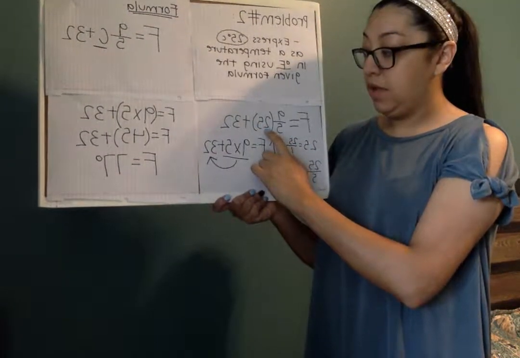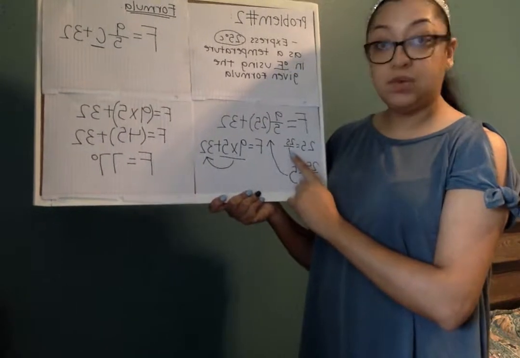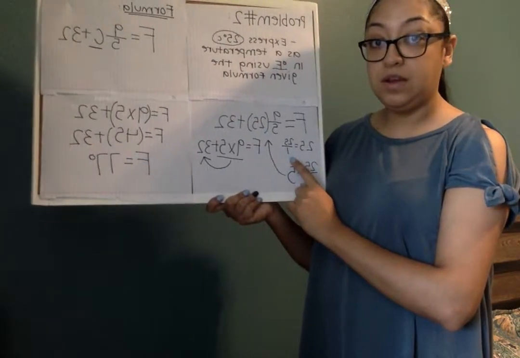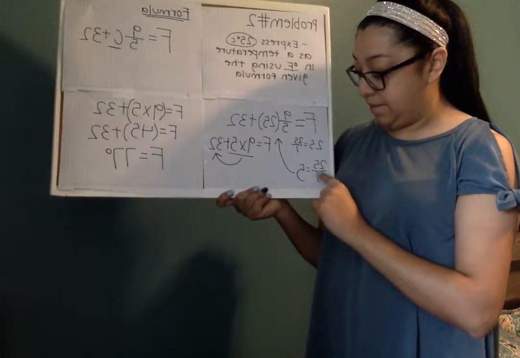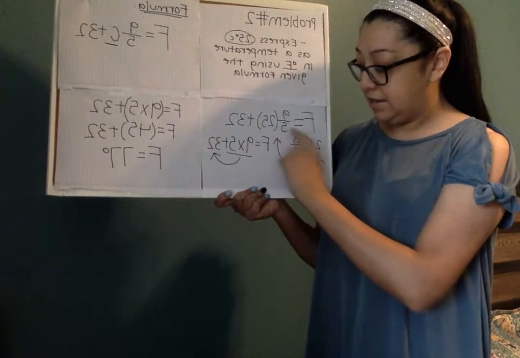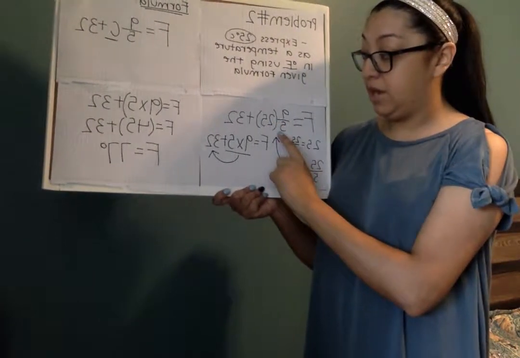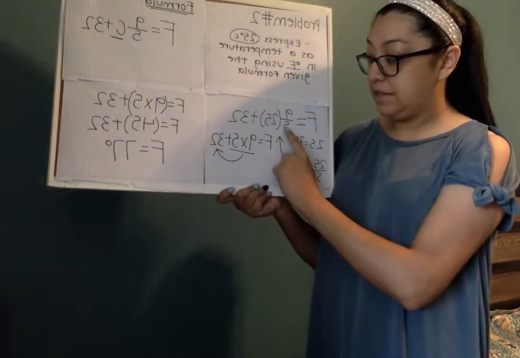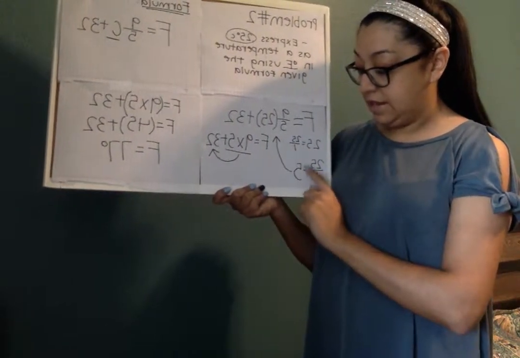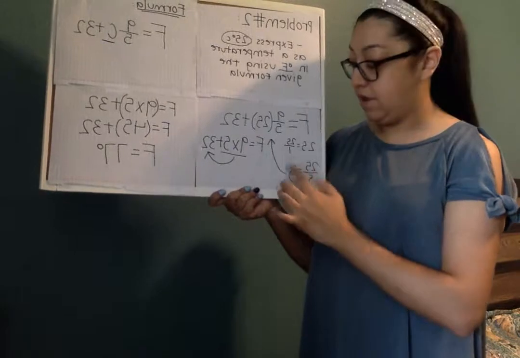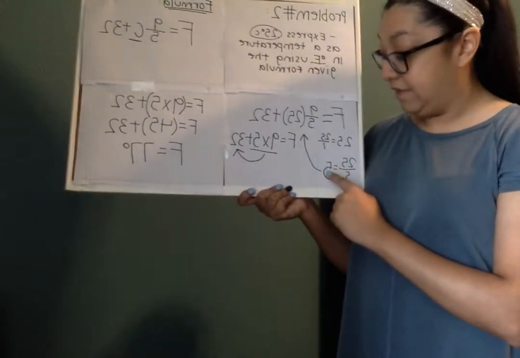We know that 25 is the same as 25 over 1. So when we do this, all we have to do is divide the numerator by the denominator, as it is here, 25 divided by 5, to then get 5.